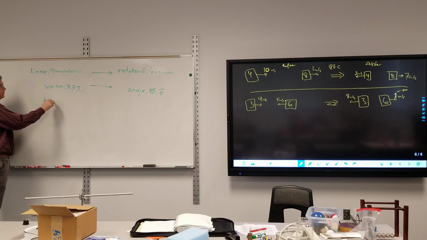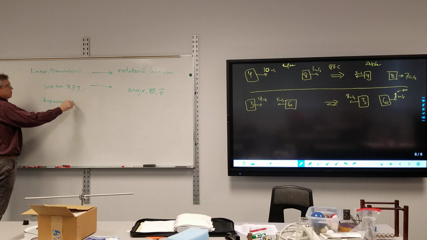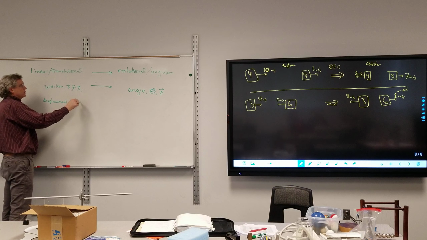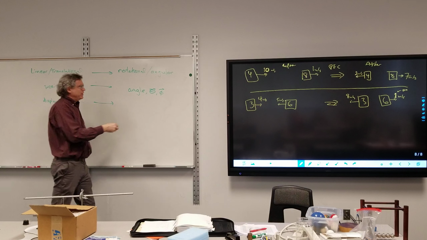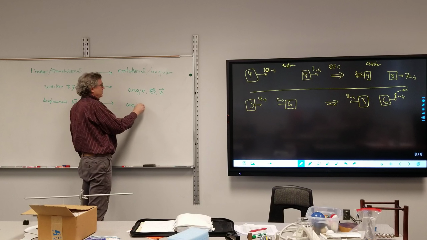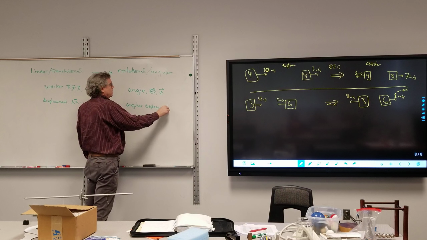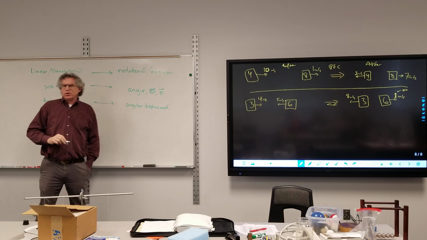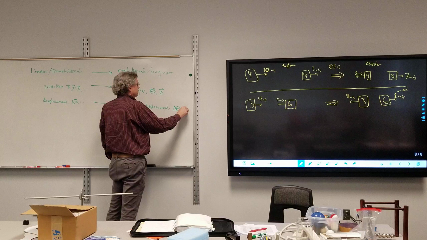Displacement is just delta x, delta r, whatever you're using for position. The rotational equivalent is angular displacement or rotational displacement. Although you typically don't see that term used in textbooks, it's delta theta, and so on.